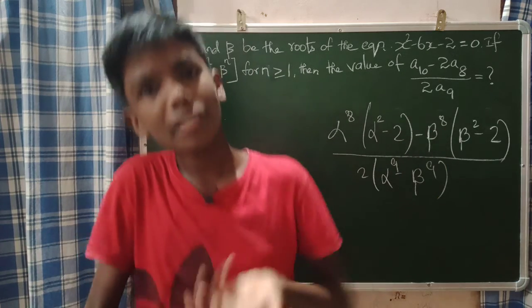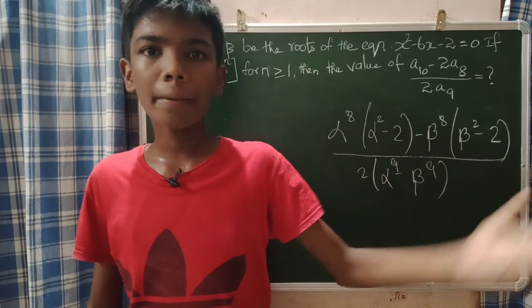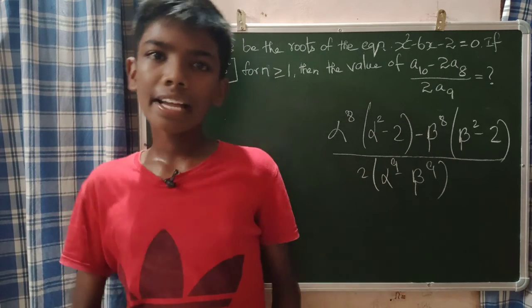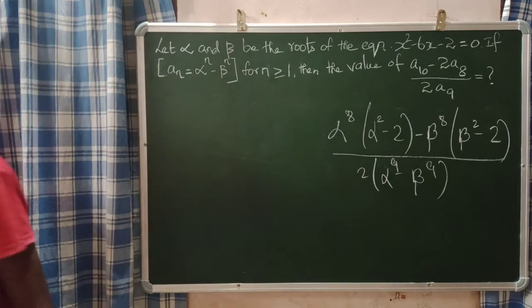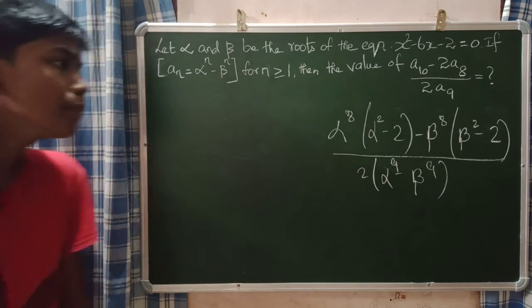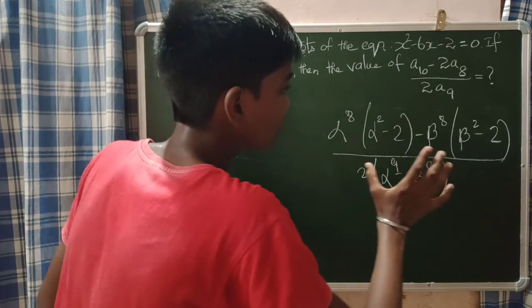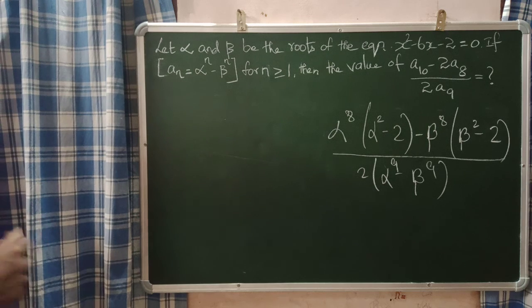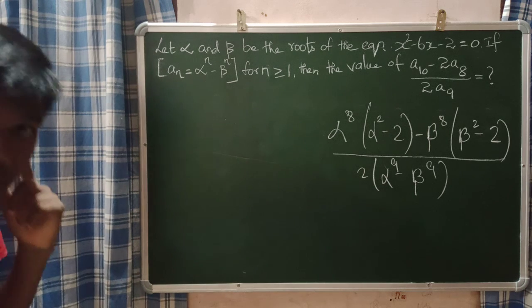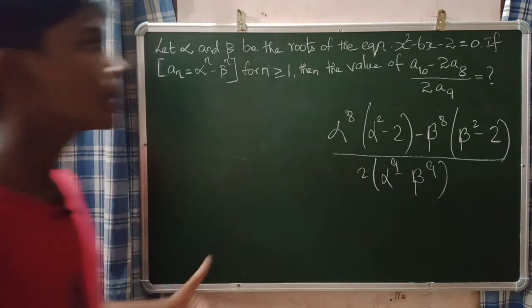If alpha and beta are there, how will I find the answer, man? So what I need to do is write this alpha square minus 2 and this beta square minus 2 as some other term. How can I do that? Think.